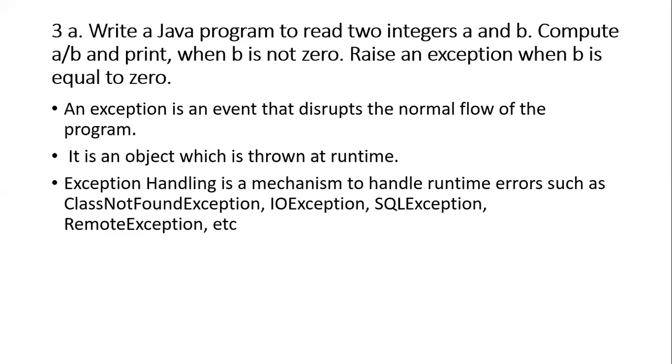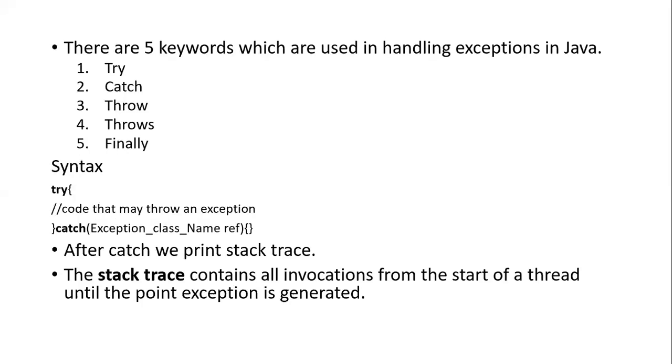To do exception handling in Java, we have to know mainly five keywords. First, try. Within the try keyword, I write the block of code that may throw an exception. Then catch: what measure has to be taken, how to handle the exception, whenever an exception is thrown.